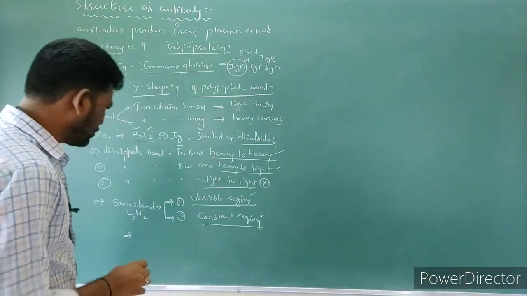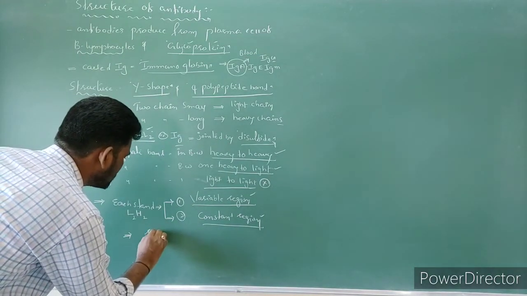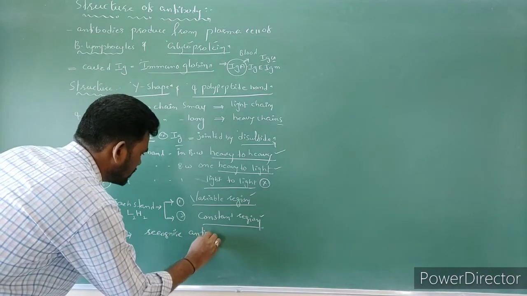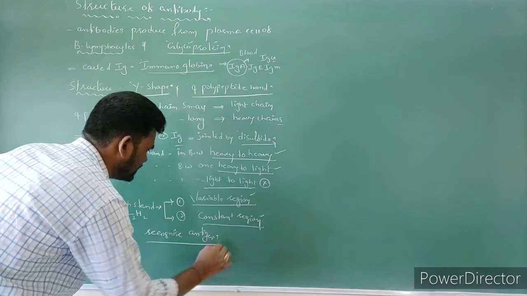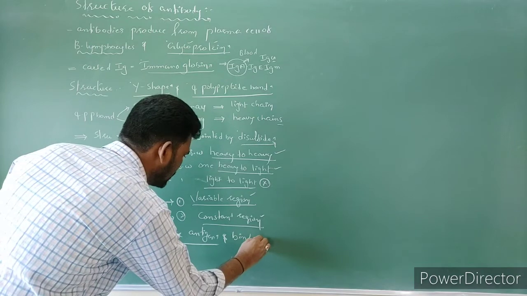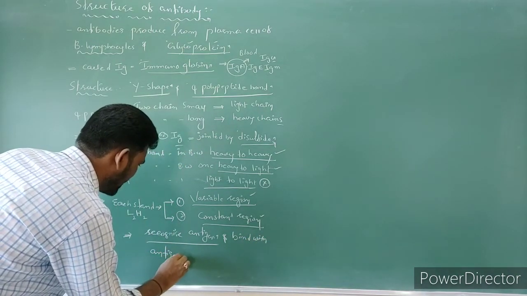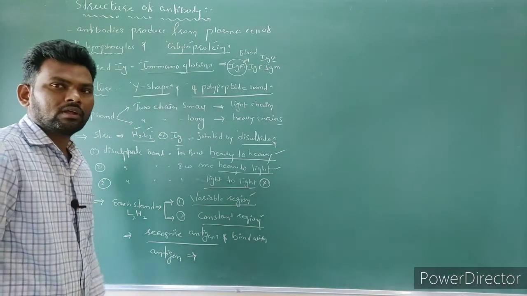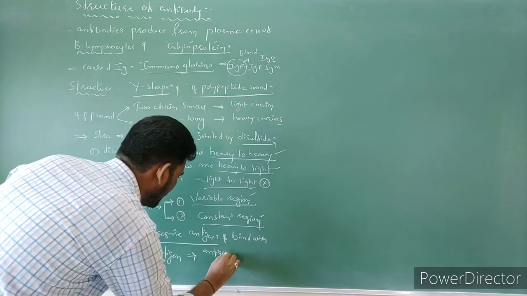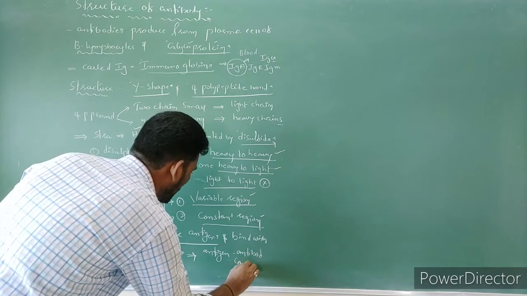Very important point: variable regions can recognize a specific antigen and bind with it, and then the antigen-antibody complex is formed.